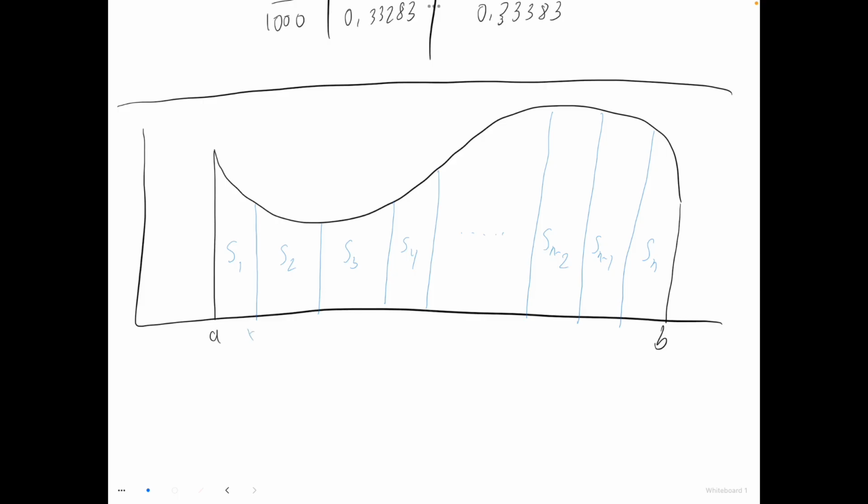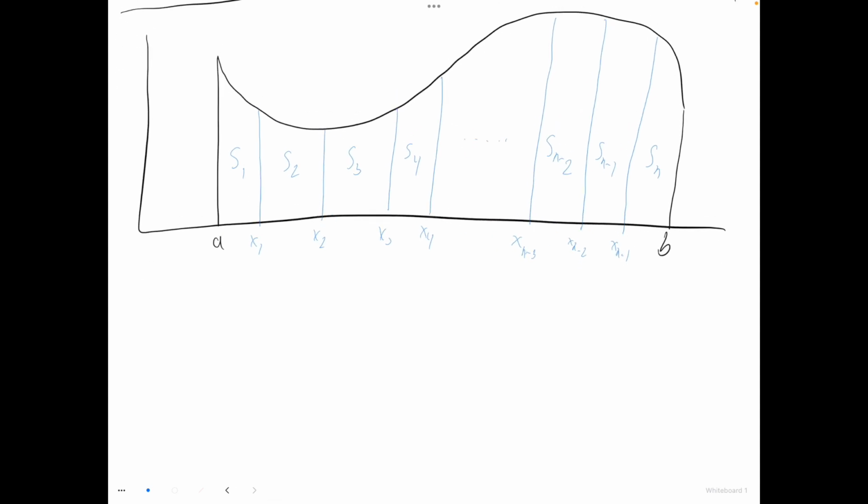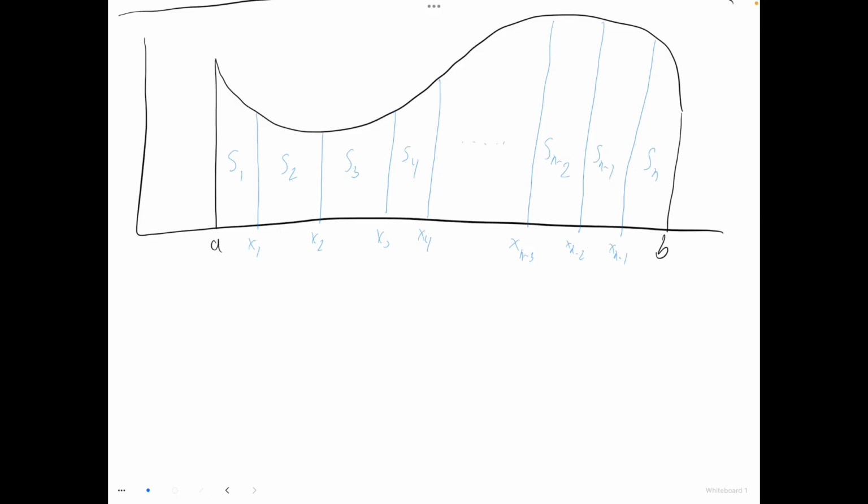This is A, we're going to call this x1, x2, x3, x4, xn minus 3, xn minus 2, xn minus 1, and then B is the same as xn. And so we have these n pieces, these n strips that we've divided it up into.